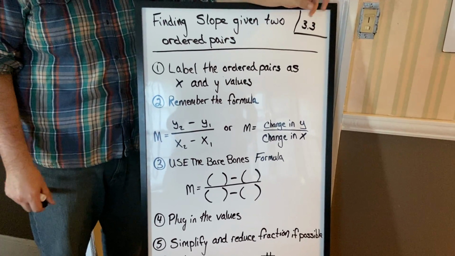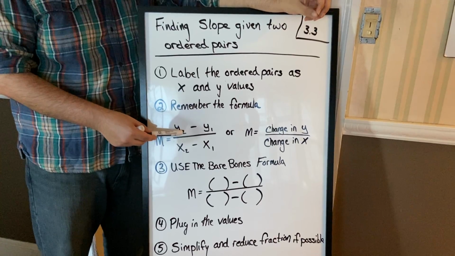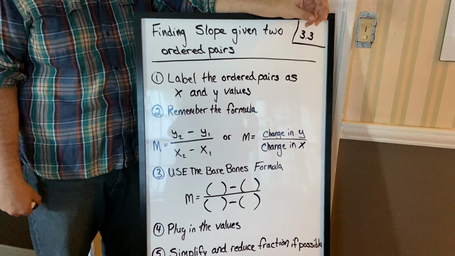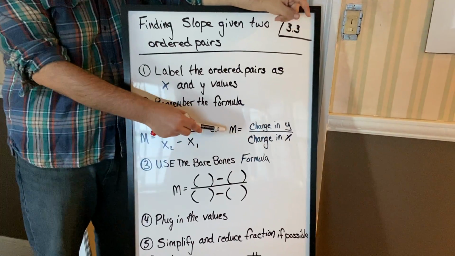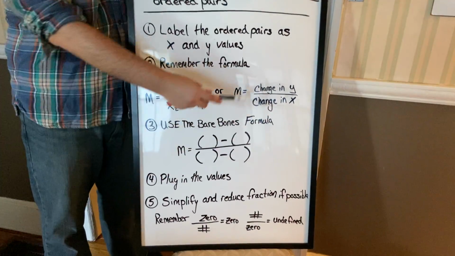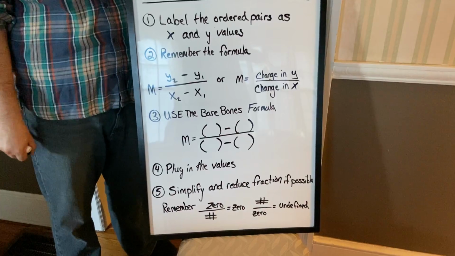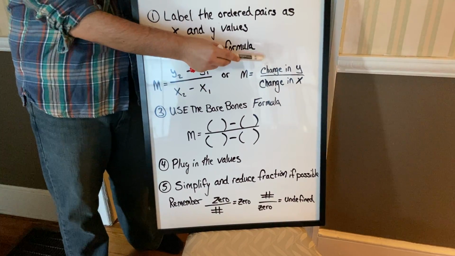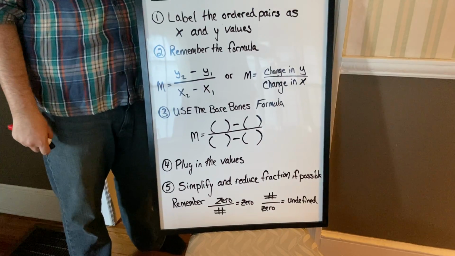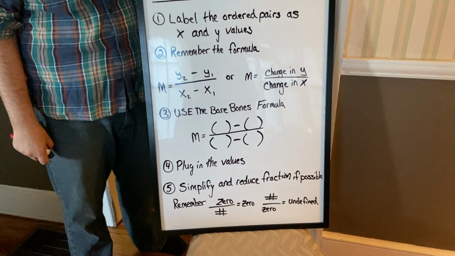Now, nothing in the book tells us what point you have to say y from your second value versus y from your first value. So I prefer to use this formula. Just know that my y's are on top and my x's are at the bottom. And I have to see how it changed. Now, change means difference.